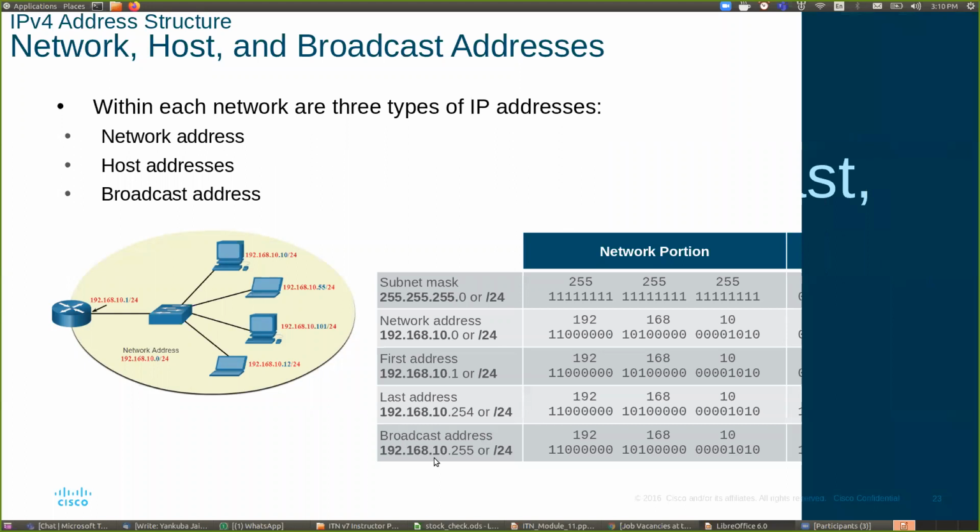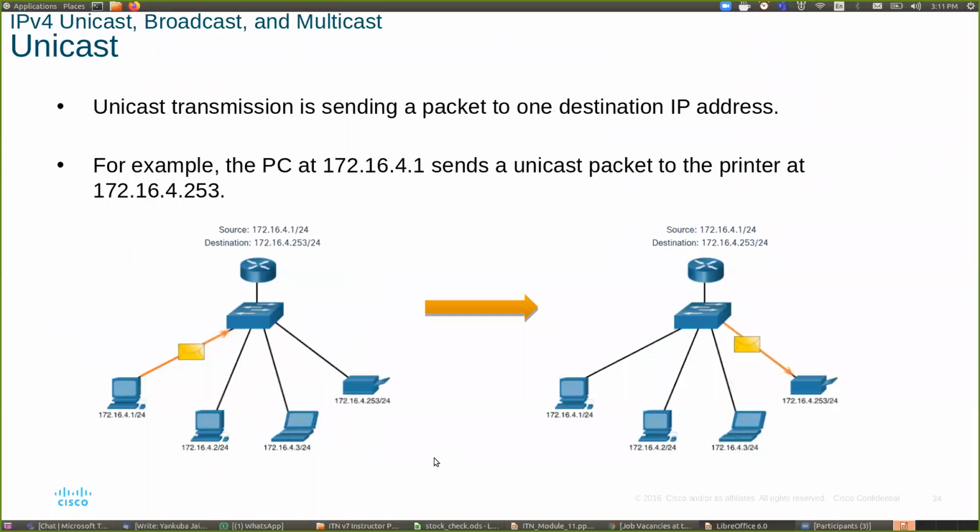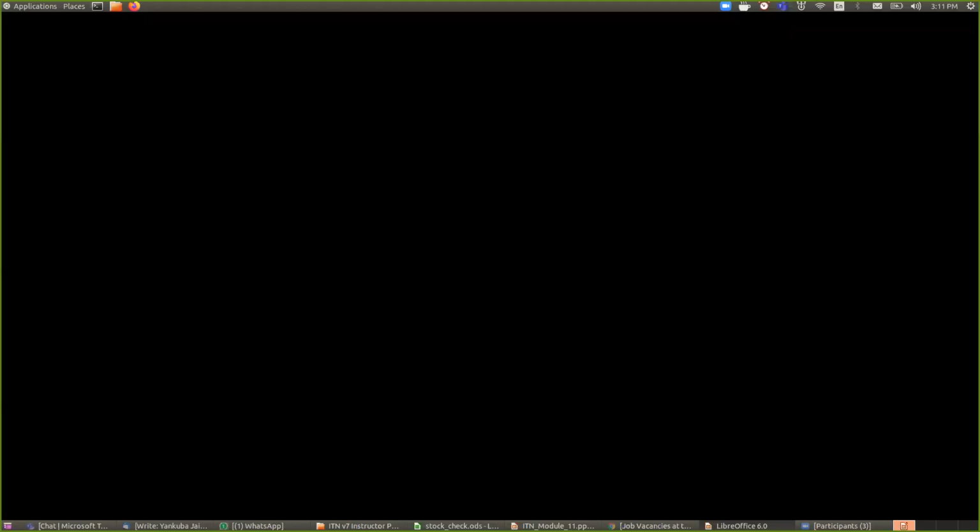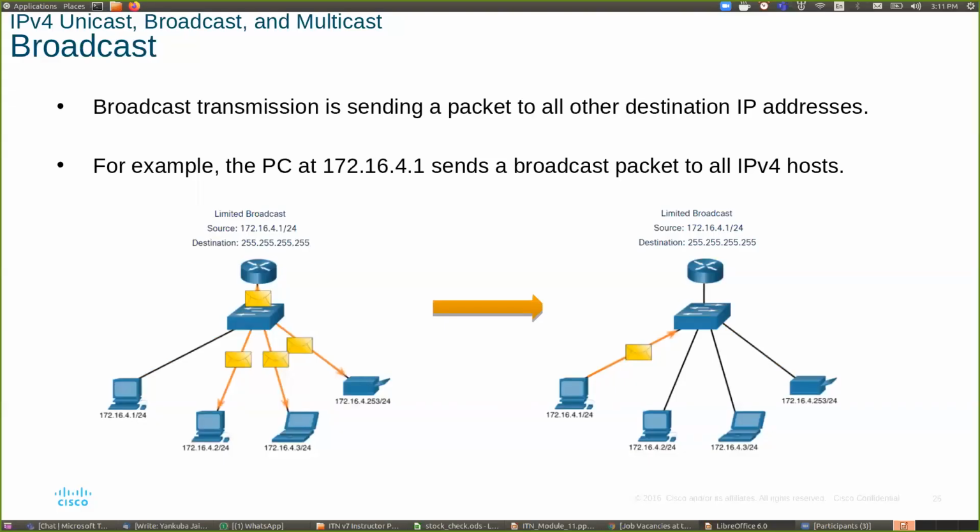So we have IPv4 unicast, broadcast, and multicast. What is a unicast transmission? It is sending from one host to another host, that is one-to-one. That is called unicast transmission: sending from one specific computer to another computer, one-to-one. Then we have broadcast.